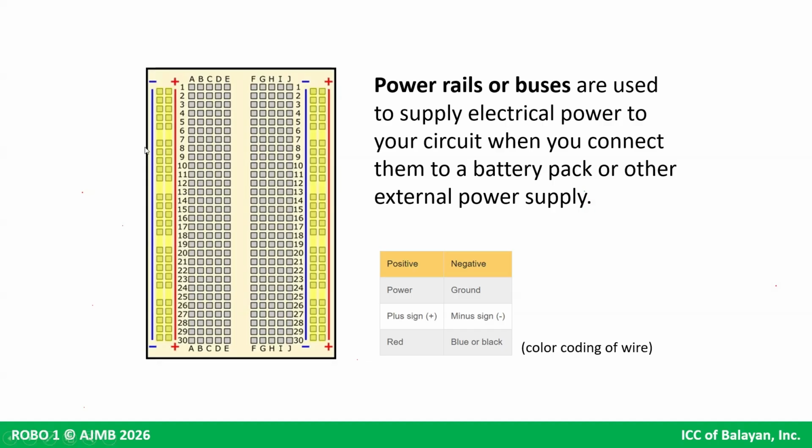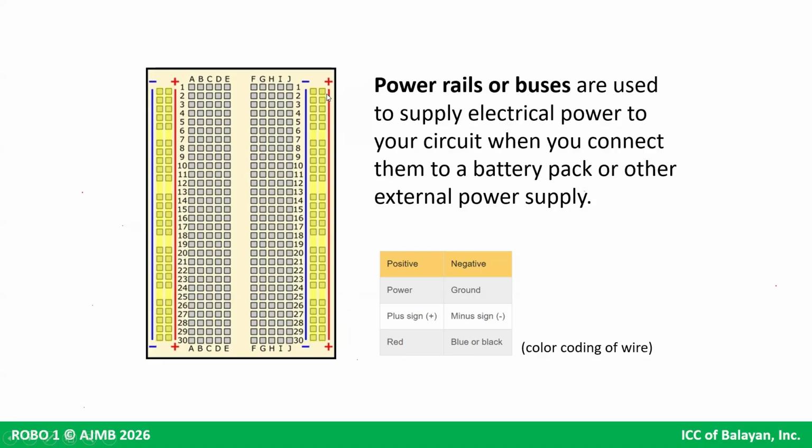You can choose which power rail you want to use. This one on the right, or this one on the left. But you can also connect them. You connect the negative and negative power rails and positive power rails using jumper wires. Okay. If we do some connections, pag tayo nag-connect dito sa power rails, meron tayong color coding convention na ginagamit sa mga wires.